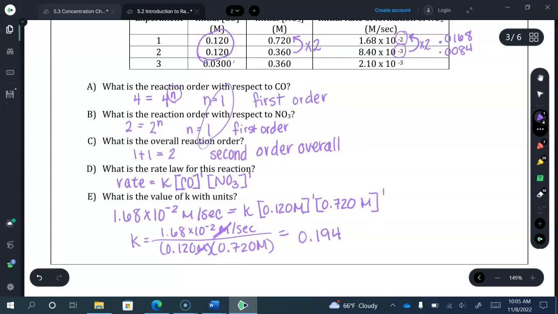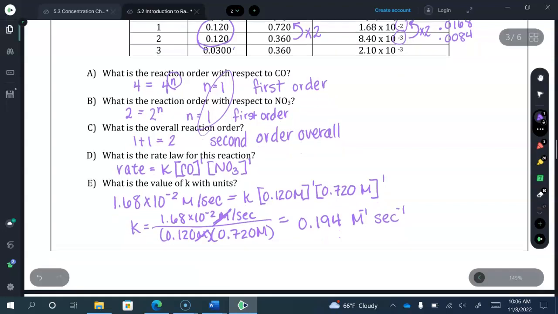With molarity in the bottom, so you could either say 1 per molarity second. I don't like saying that because this 1 looks like it's supposed to be part of this number, and it's not. So I like to say inverse molarity, or molarity to the negative 1 power, second to the negative 1. And if it was squared in the denominator, it's to the negative second. And that's backwards.